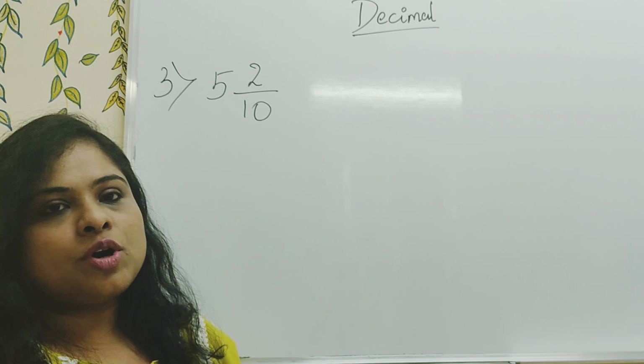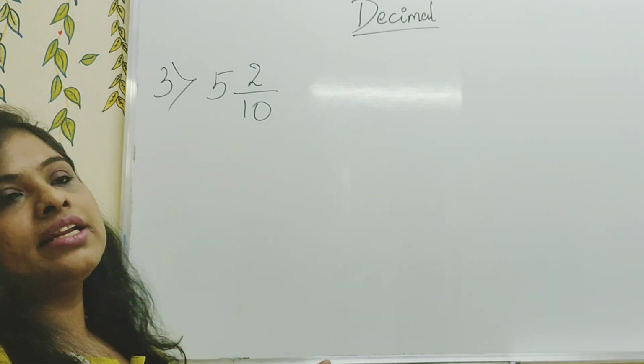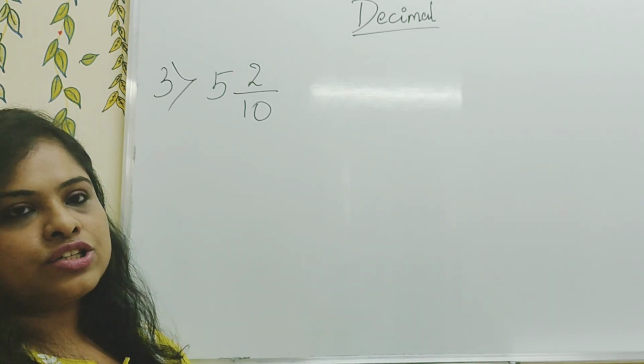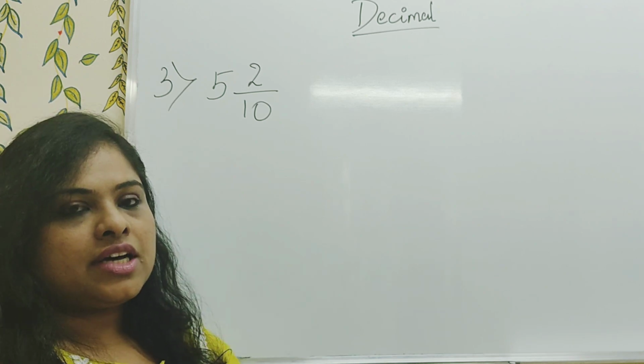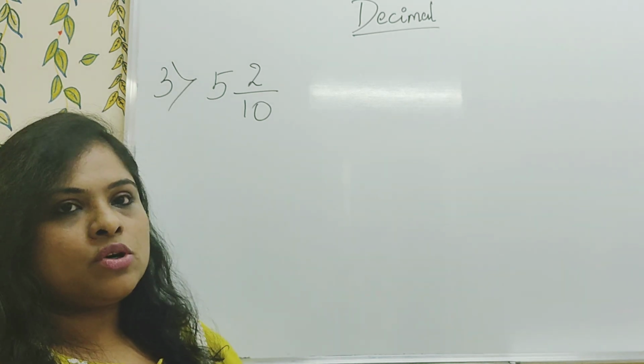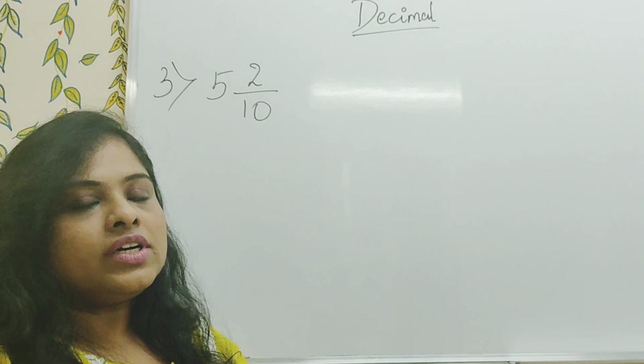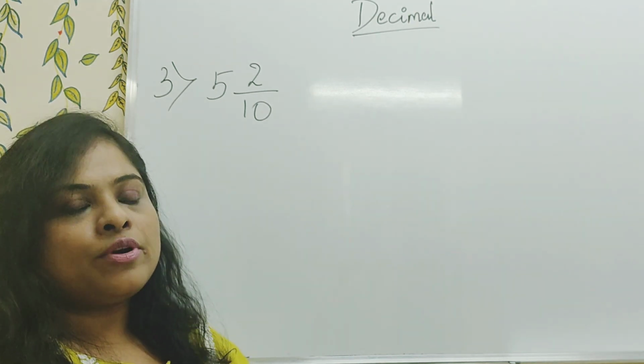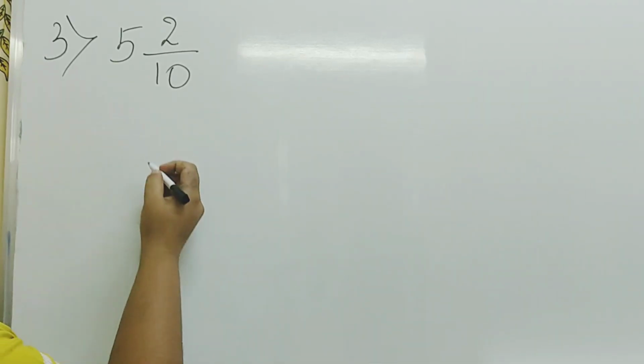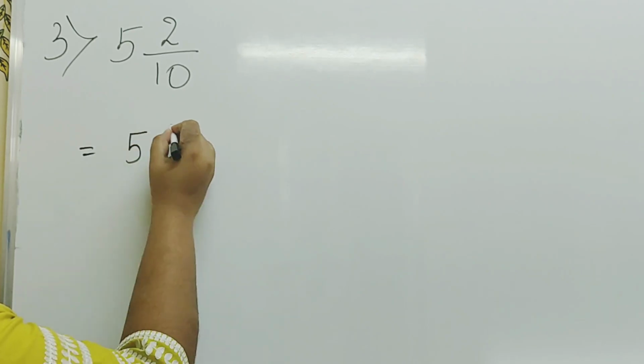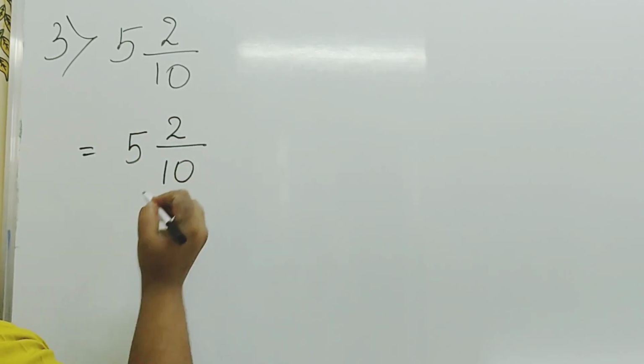Here we have another problem, which is 5 2 by 10. This is a mixed fraction. In our previous episodes, we have spoken about mixed fractions. Now let's convert this mixed fraction to an improper fraction. How do we convert? Let's write the same, 5 2 by 10.